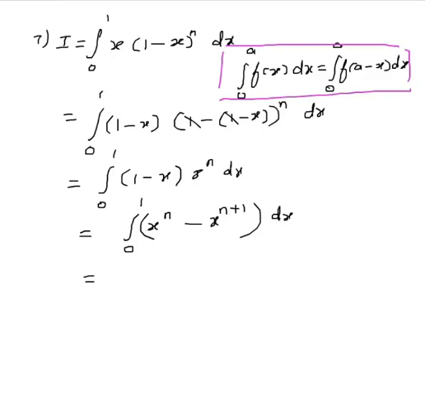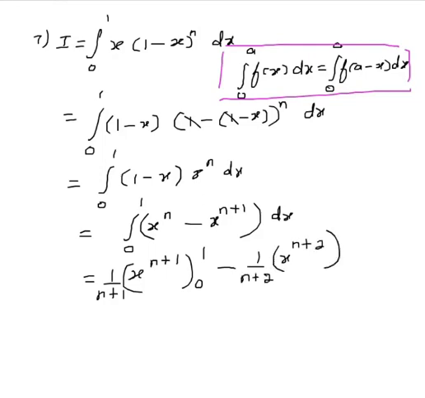Now we can easily integrate each term. Integral of x power n is x power n plus 1 divided by n plus 1, and the limits are 0 to 1. Integral of the second term, x raised to n plus 2 divided by n plus 2, and the limits are 0 to 1. 1 divided by n plus 1, upper limit is 1 raised to n plus 1. 1 power any number is 1, and 0 power any number is 0.